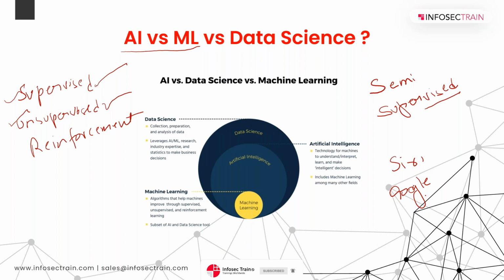Now, I have searched for it, and then I get advertisements, like on Facebook or YouTube, of laptops only, right? That is your ML, machine learning. There your machine learning is used, right?